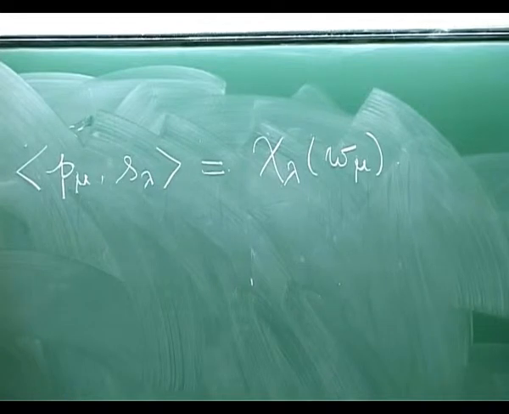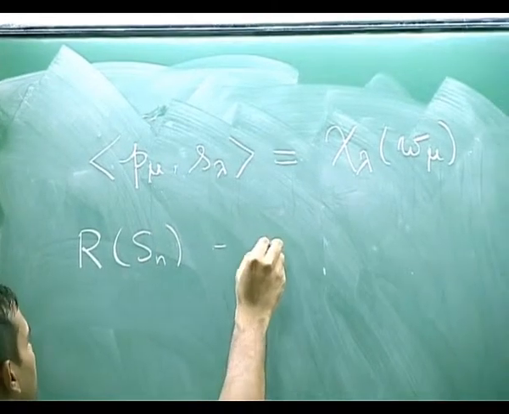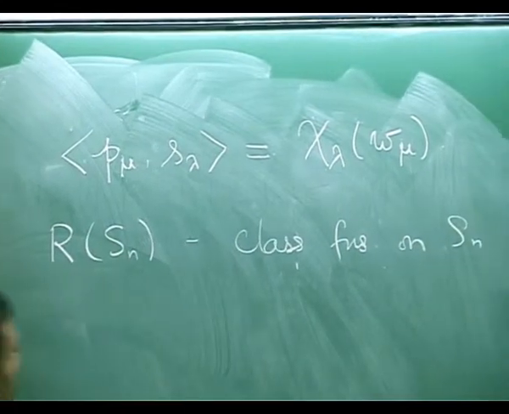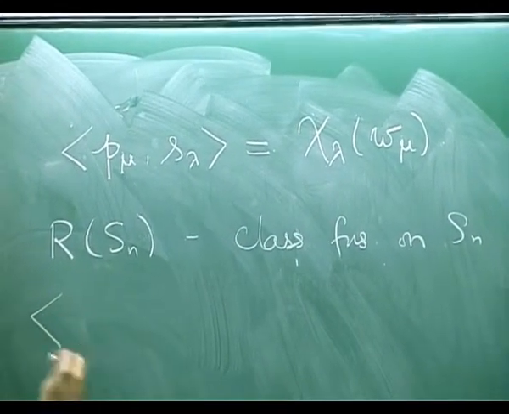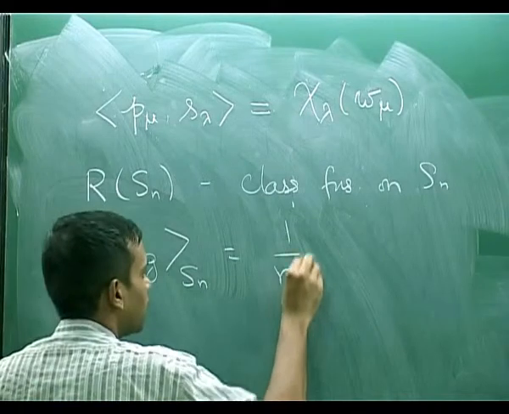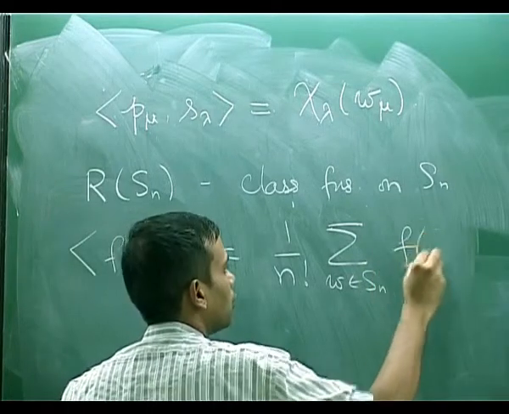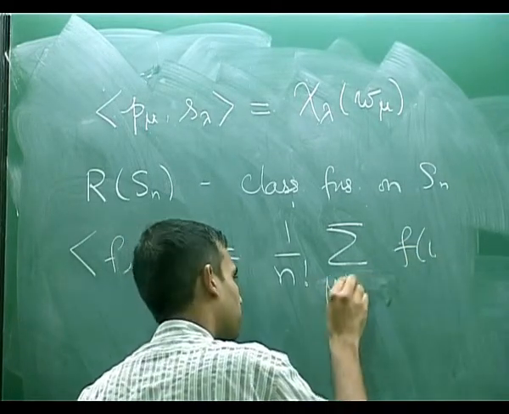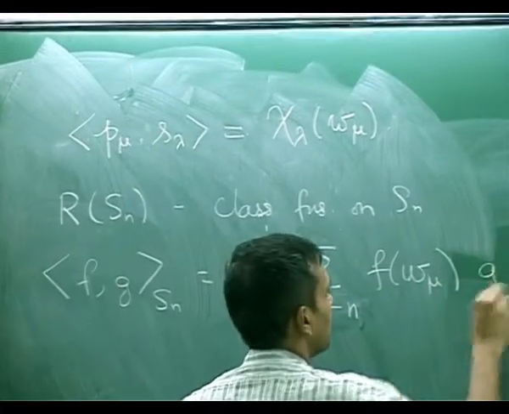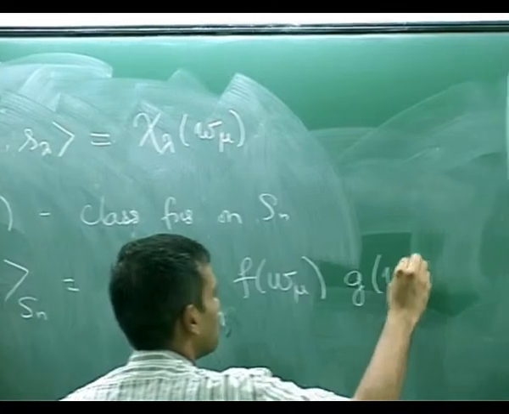Okay, now let me just remind you of some basic representation theory. Let's denote by R(S_n) the space of k-valued class functions on S_n, and on this we define an inner product, well, a bilinear form I should say, f comma g, equals 1 over n factorial, summation over w in S_n, f of w_mu, where mu is a partition of n, g of w_mu.